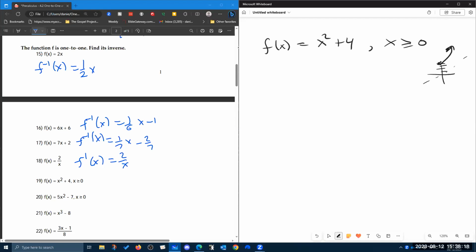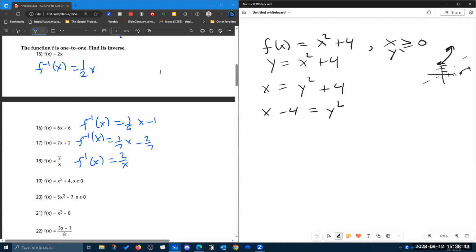It's going to come across this line. So when we make it y equals x squared plus 4, and we switch x and y, x minus 4 equals y squared.